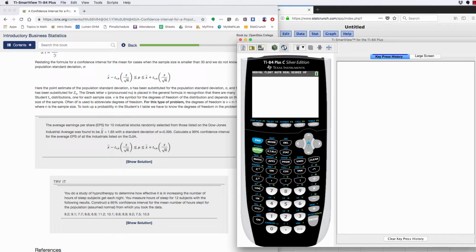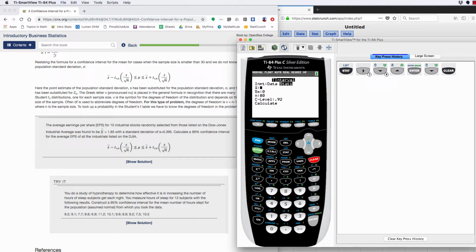To do this, we go to our calculator, press Stat, go to Tests, and scroll down to the T interval. We're going to be working with the data that we've been given, the statistical information.